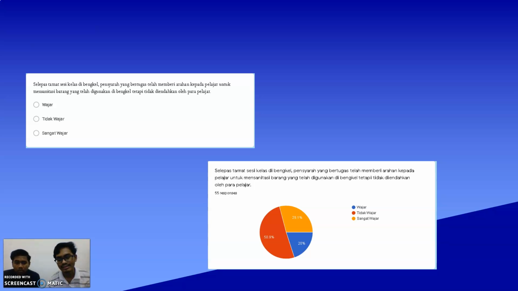So the same as before, there are 3 options and the student needs to answer whether wajar, tidak wajar or sangat wajar. The answers are based on their own opinion about the situation given. So the result is actually kind of random.